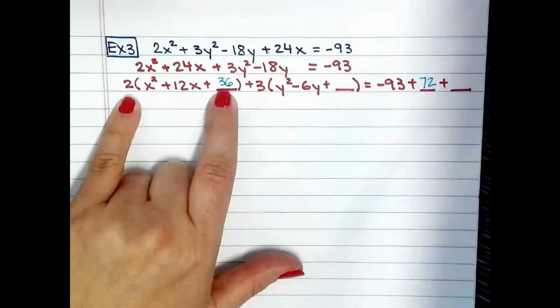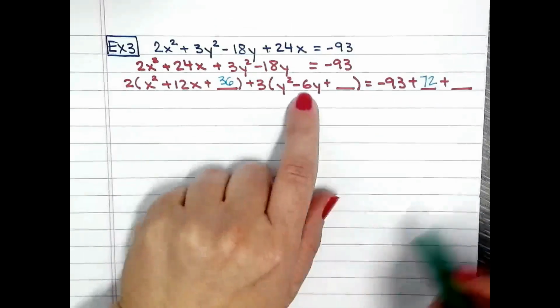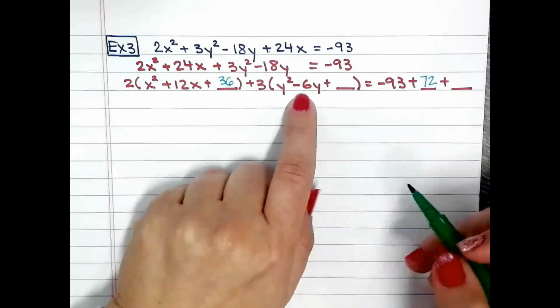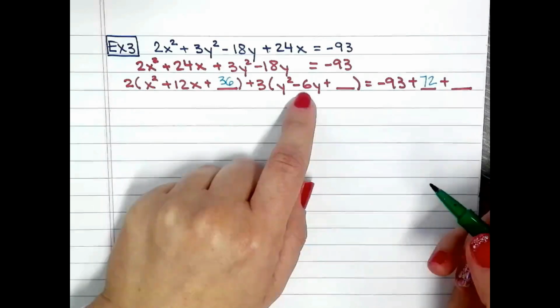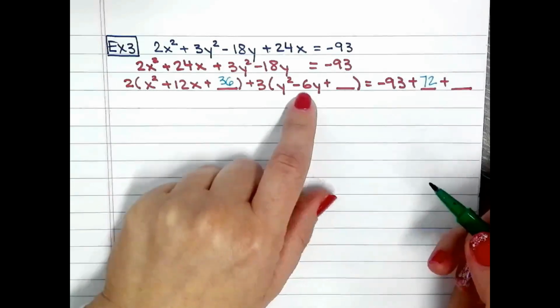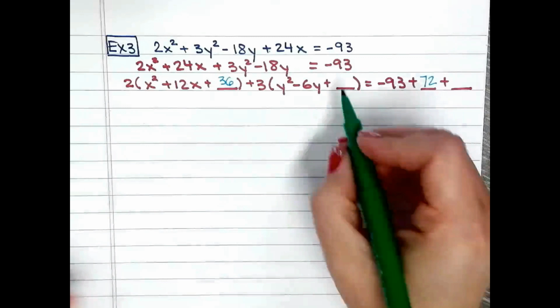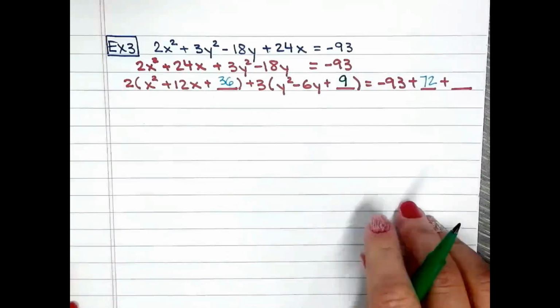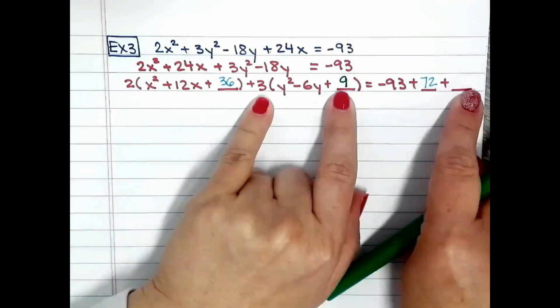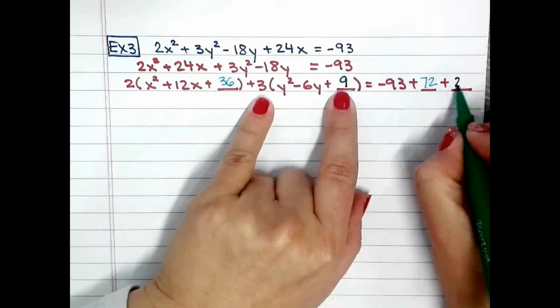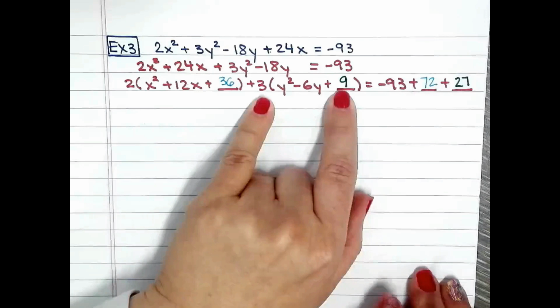Now, from here, I get negative 6 divided by 2. I get negative 3. Negative 3 squared, I have 9. What goes there? 9 times 3. Okay?